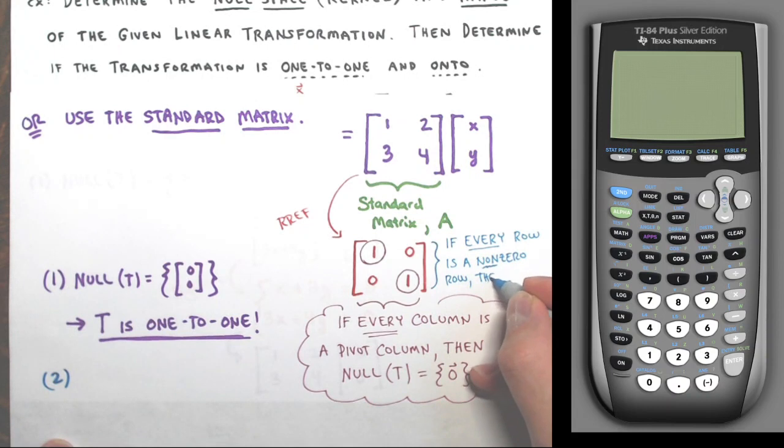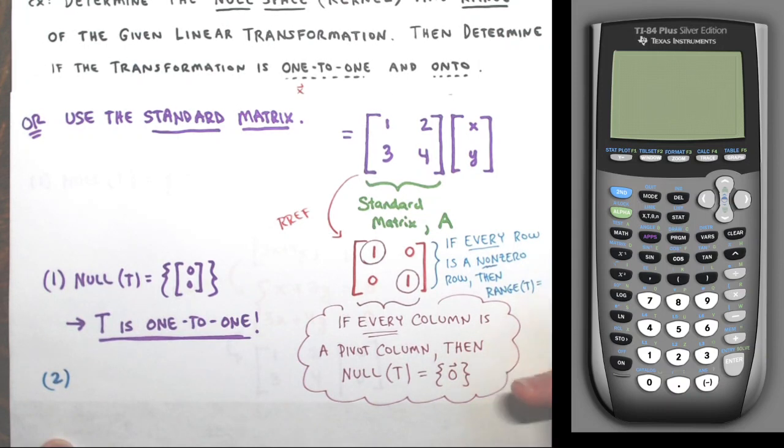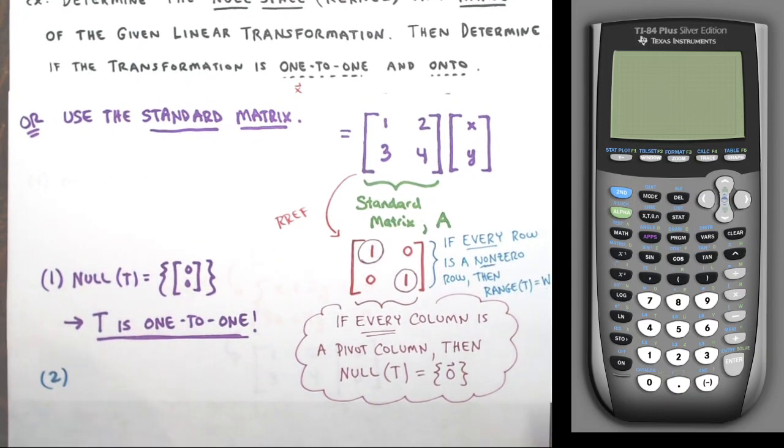Then the range of the transformation will be equal to that codomain, right? I put W here. Remember, this was the codomain. The range of the transformation will be equal to the codomain.